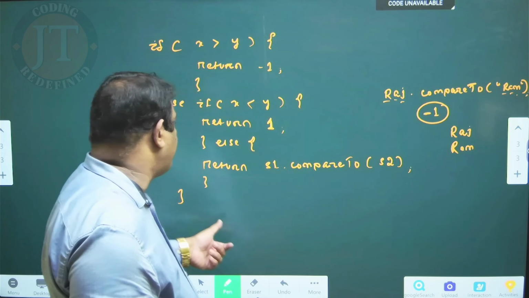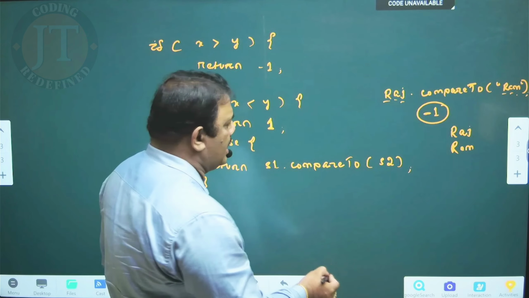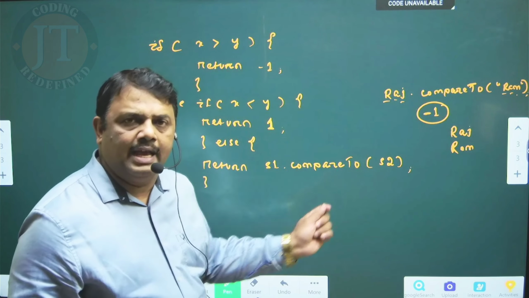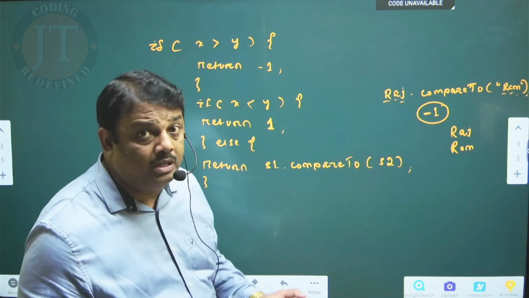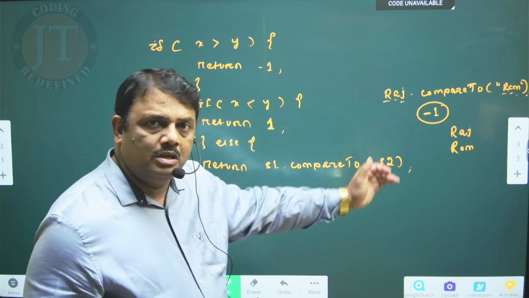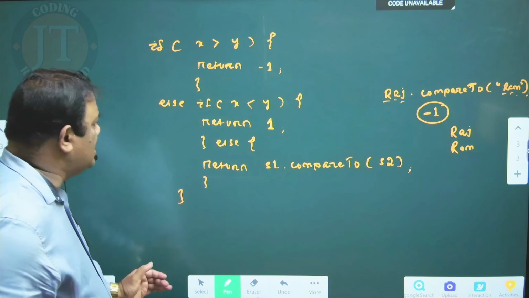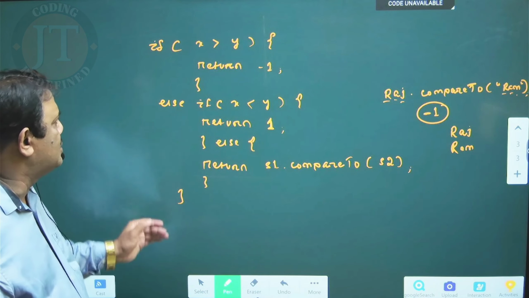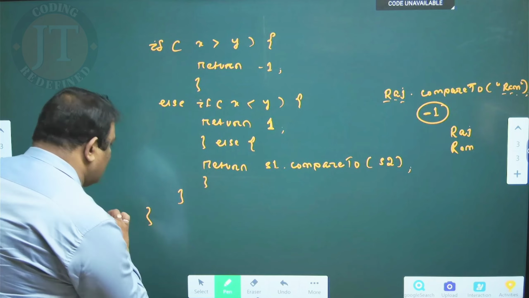So here what happens? If the size is the same, s1 is compared with s2. If it returns a negative value, it comes first, otherwise it comes next. That is the logic I write, and this is called the compareTo method. Now that is the end of the class.